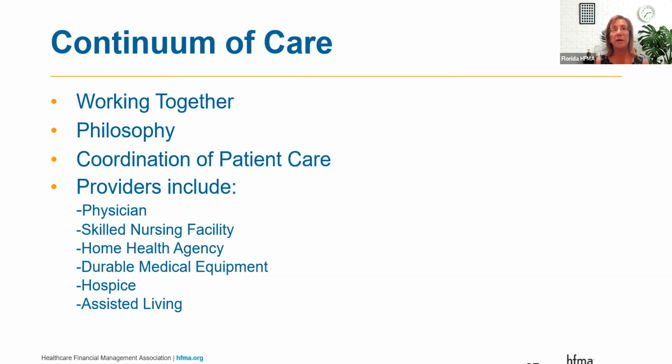The coordination of care has gained importance as alternative payment models expand to include bundled payments, and we're going to hear a lot more about that in the future. Physician offices provide the order, schedule the service, and obtain authorizations. Post-acute care, they may go to a skilled nursing facility. They may work with a home health agency who may have durable medical equipment or assisted living.